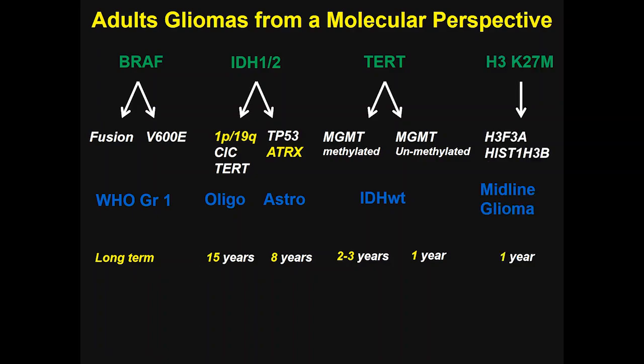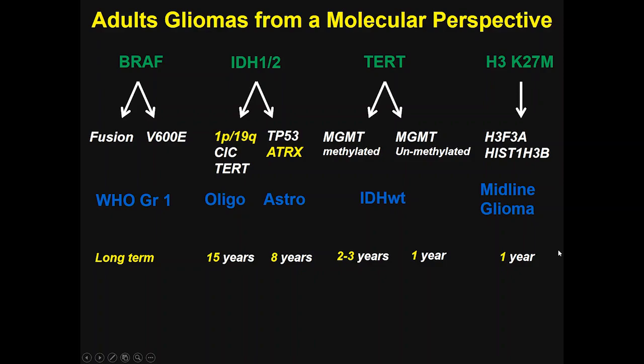On the other end of the spectrum, there is another tumor which has been added to the WHO glioma classification update, your diffuse midline H3 K27 mutant gliomas. And these again occur in young children or young adults. And the important aspect of this tumor is that the survival is really poor.